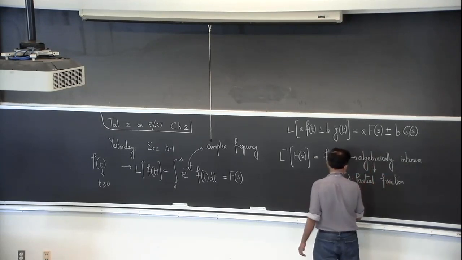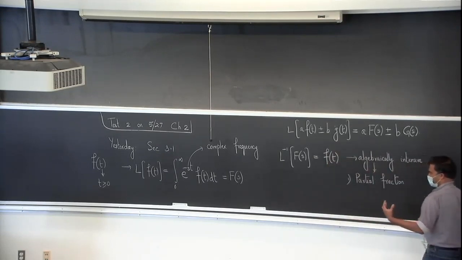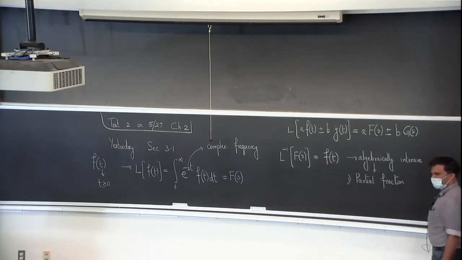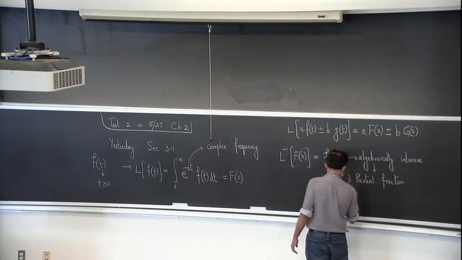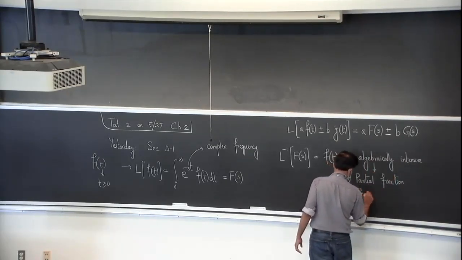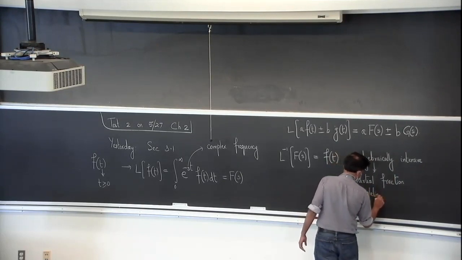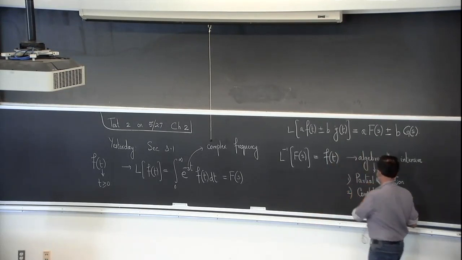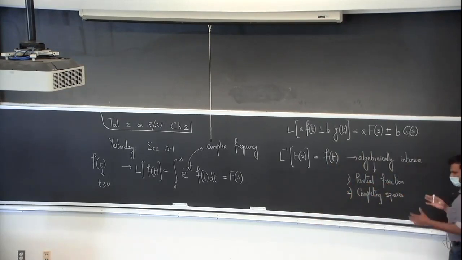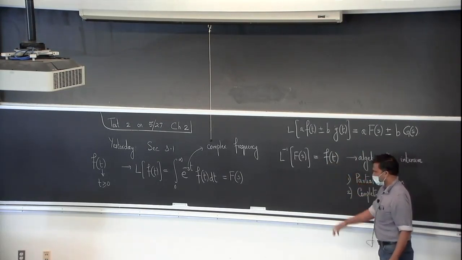That is probably the most popular one because it helps us decompose products of terms into multiple individual terms. We'll also see one example of completing the squares in today's example. Everything is towards the goal of matching something in the table, and that way we can go back and retrieve the function f of t.